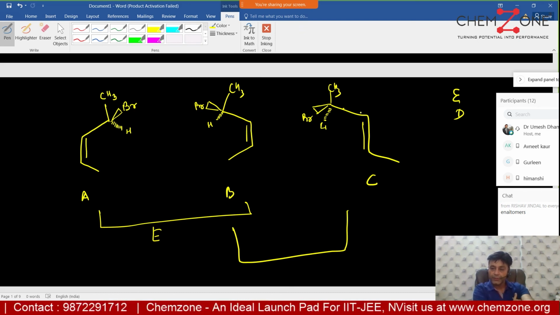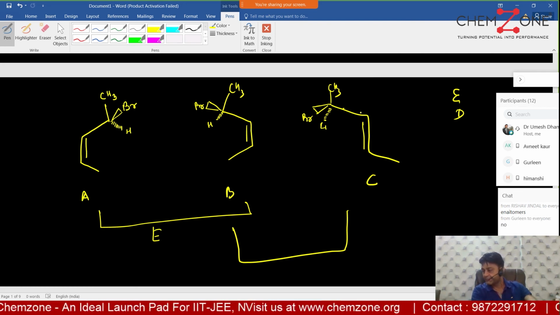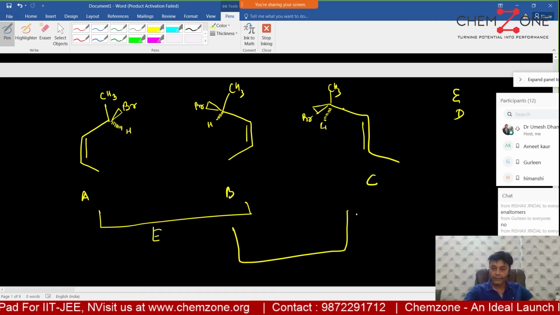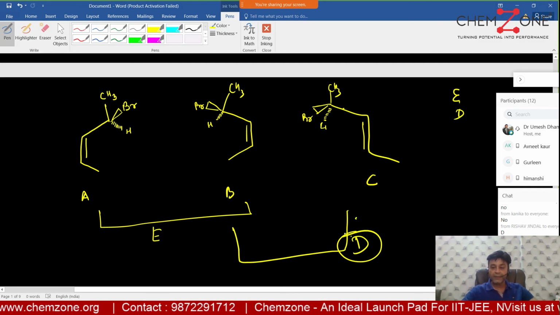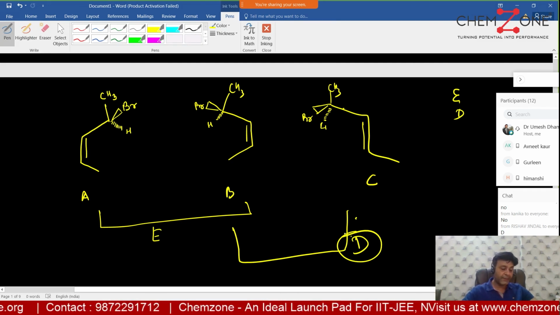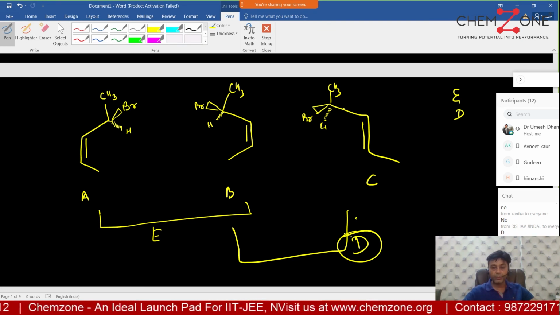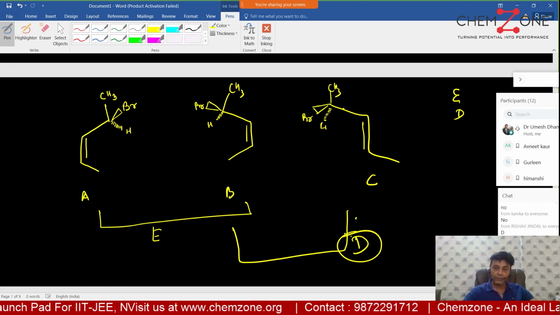Are these enantiomers? Yes or no? Or they are diastereomers? These are diastereomers, right? So A and B are enantiomers and B and C are diastereomers. Got it now? These are non-superimposable upon each other and they are also not enantiomers of each other.